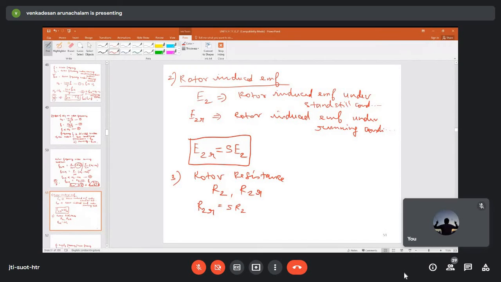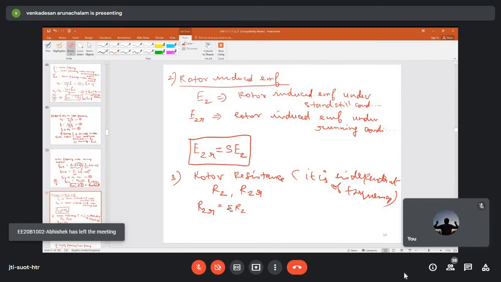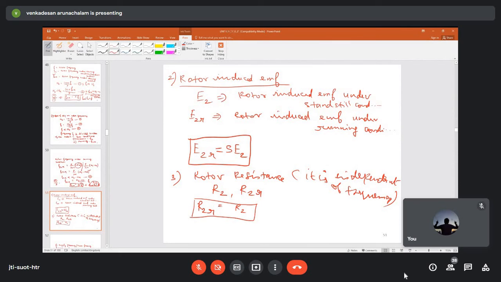Since the rotor resistance is independent of frequency, the rotor resistance will not change. It remains the same during the starting and running condition.